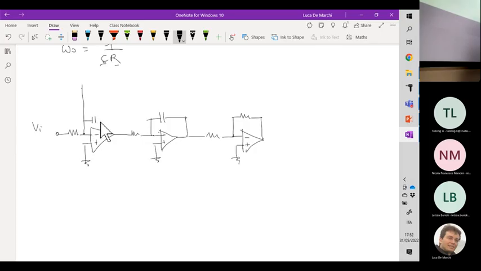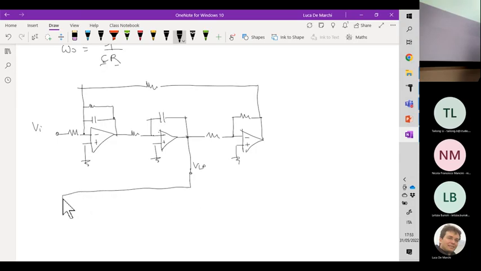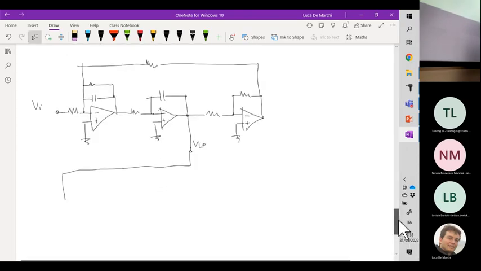This op-amp here has multiple feedbacks. Okay, and the output is taken from here. And this is provided as input for the second stage.